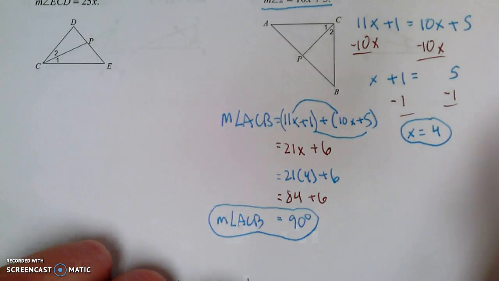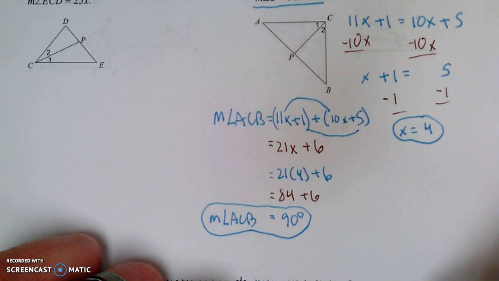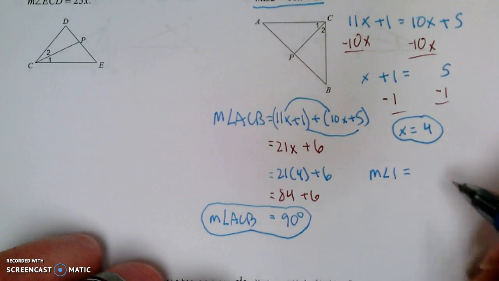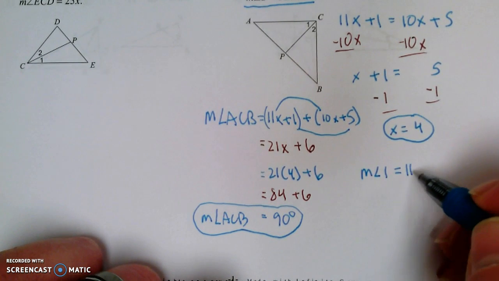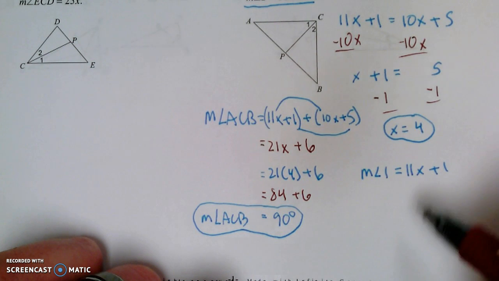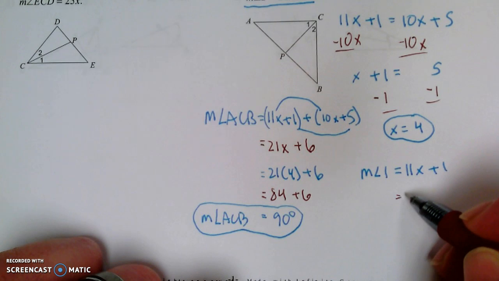Another thing that we could do is say that the measure of angle 1, for example, is 11x plus 1. And we could substitute into here our 4.